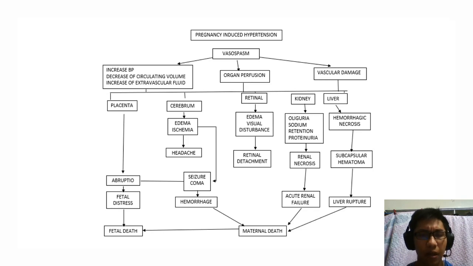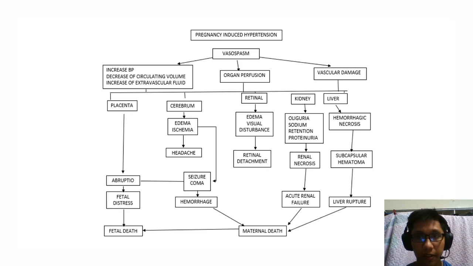Now, let's talk about the pathophysiology of PIH. First thing here is vasospasm, or the narrowing of the arteries because of the contraction of the blood vessels. And then there are 3 things that would happen when a pregnant woman has vasospasms. Those are increased blood pressure, a decrease of circulating volume, increase of extravascular fluid, organ perfusion, and vascular damage.